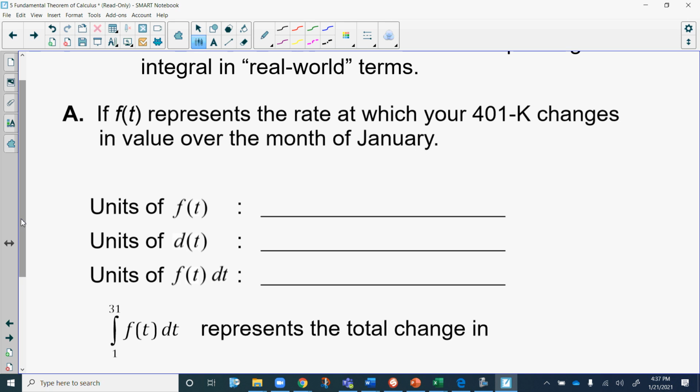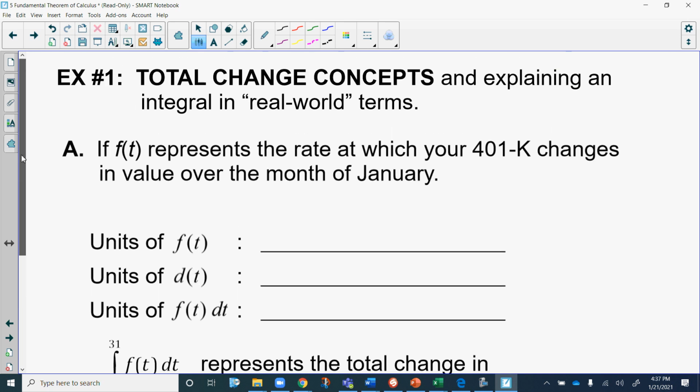I'll pause the video and have things kind of pop up as we need to. But for time, here they're trying to give us some things in terms of a real world application for how the integral can express the rate at which something is changing.